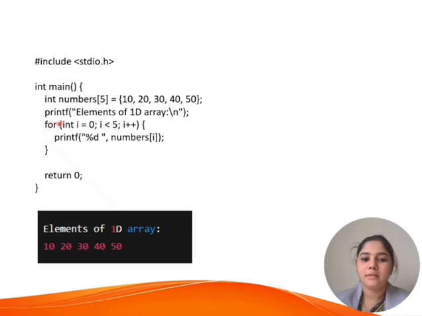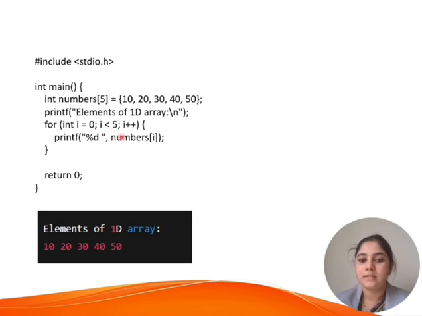Next, printf is used to print the element which is present. So the elements of the array are printed. Next, we have to access each and every element present in the array. For that, we will be using the for loop. Within the for loop, we have three parts, the first being the initialization part, i equals 0, since the index values always start from 0. Next, the maximum value stored is at the fifth position, so i is less than 5.